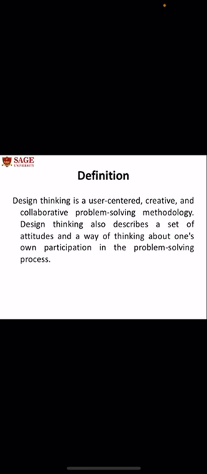So the definition of design thinking is a user-centered, creative, and collaborative problem-solving methodology. Design thinking also describes a set of attitudes and a way of thinking about one's own participation in the problem-solving process. So here the word user-centered is very much important. User-centered means the complete focus is on the users.